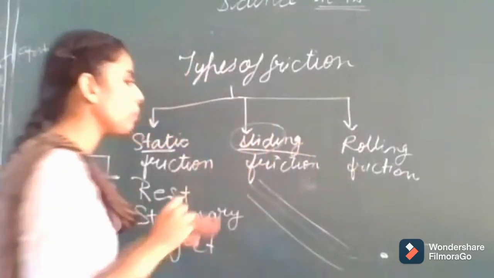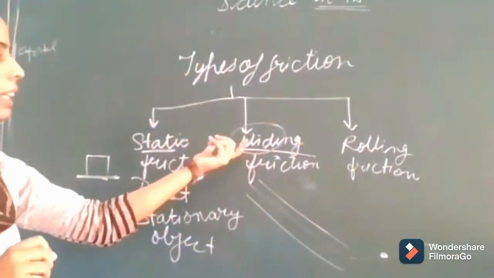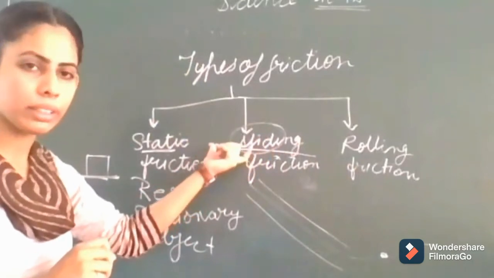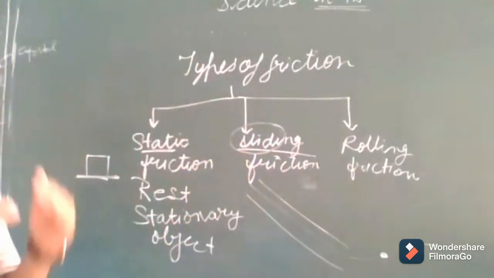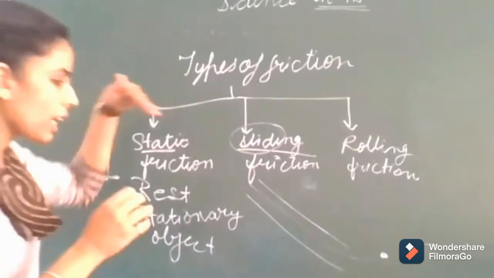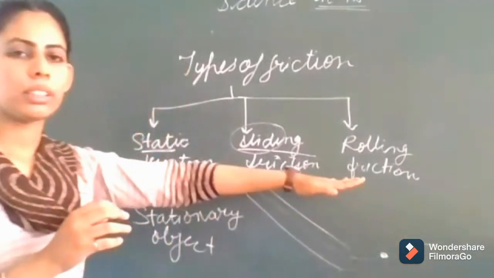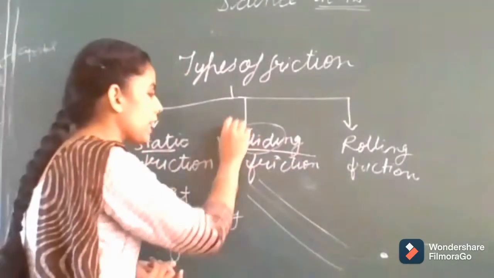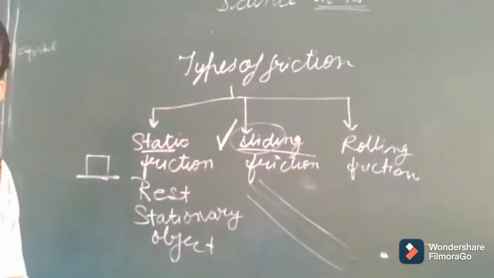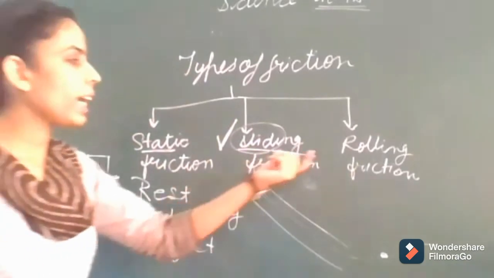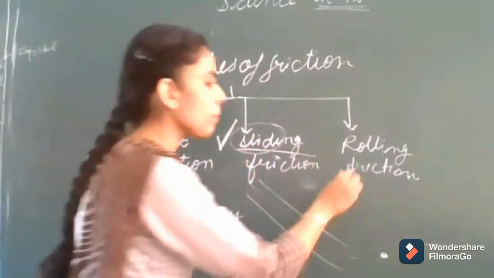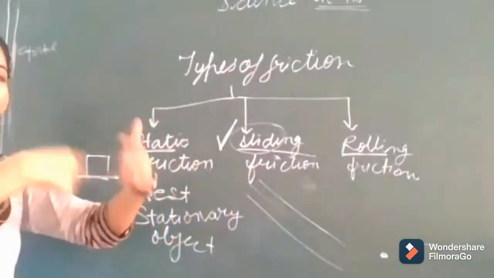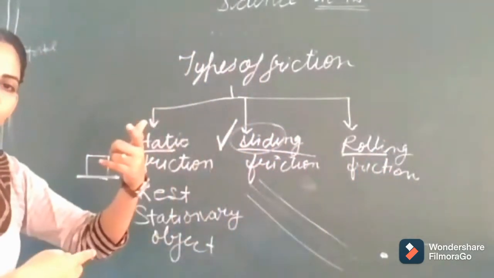It is given in the definition only, in the word sliding. Slide means the slide. When a body or object slides over the surface of another object, the friction that comes is called sliding friction. Clear? Now, next is rolling friction. From the name it is clear that it comes when something rolls.